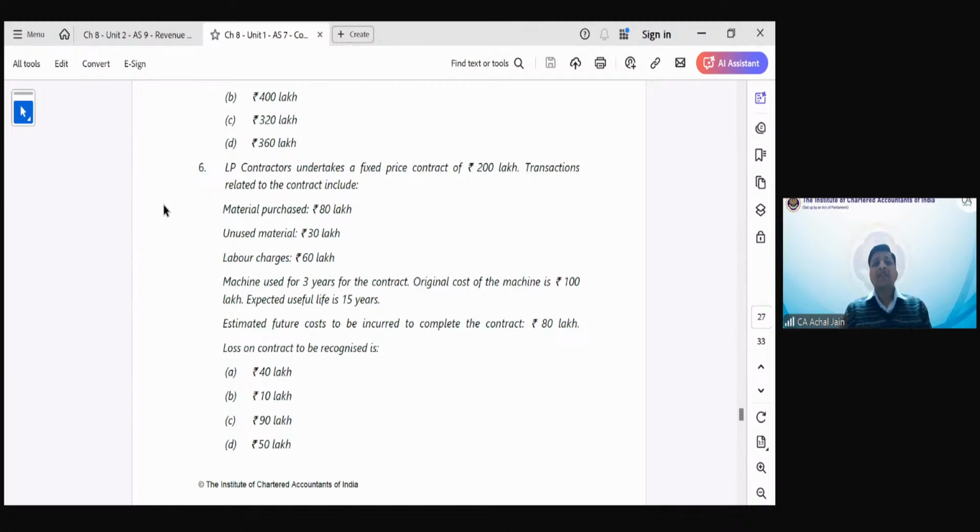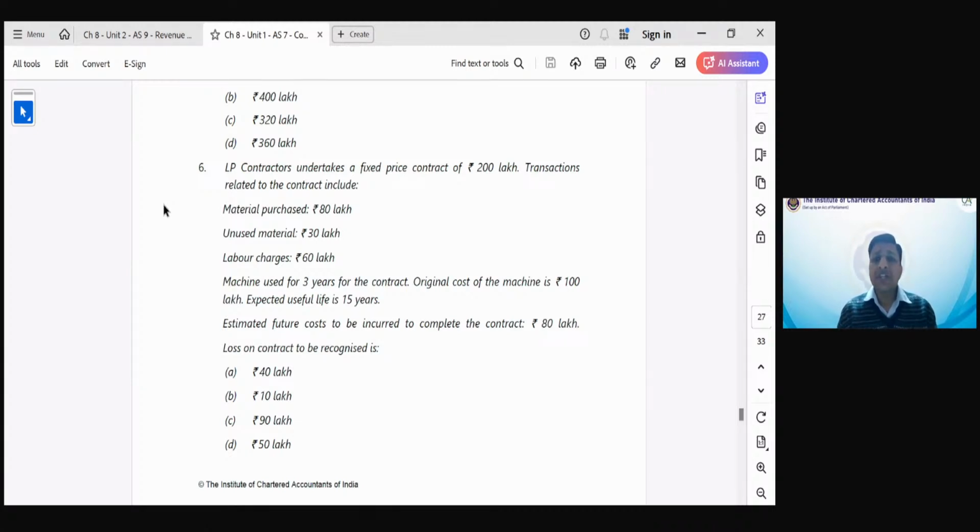LP contractors undertakes a fixed price contract of 200 lakhs. Transactions related to the contract include material purchased 80 lakhs, unused material 30 lakhs, labor charges 60 lakhs. Now out of 80 lakhs, 30 lakhs material is unused. Machine used for the 3 years period is given to you.